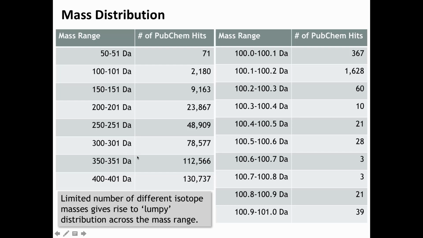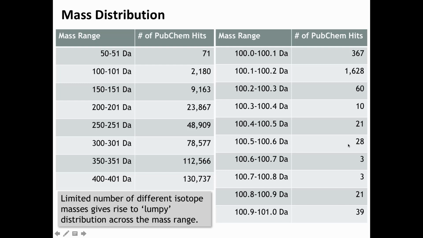Why is that? Because you have structural isomers that have the same mass, they all fall into this mass bin. What's a bit unexpected is if you zoom into one of these mass ranges, going from 100 Dalton to 101 Dalton, you see the vast majority of hits is between 100 and 100.1 or 100.2. And the rest is basically empty.